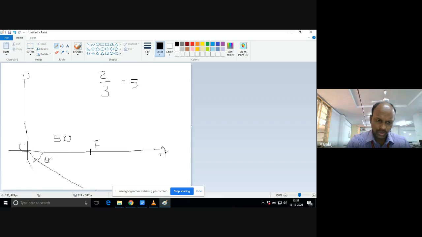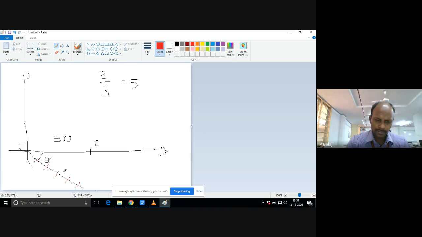So you need to draw 5 equal arcs on this inclined line. You draw one arc here, second arc here, third arc, fourth arc, and fifth arc.